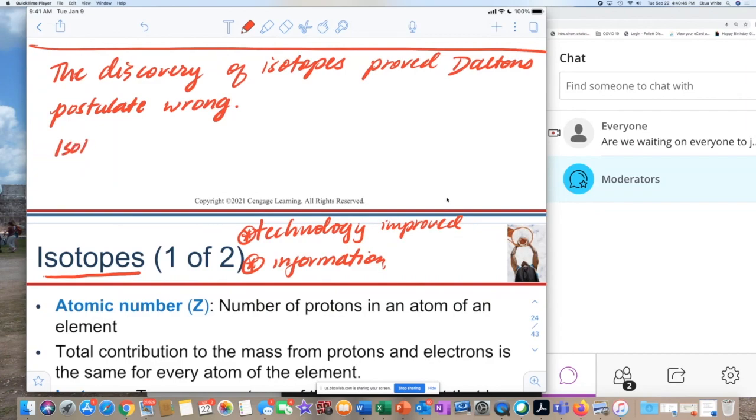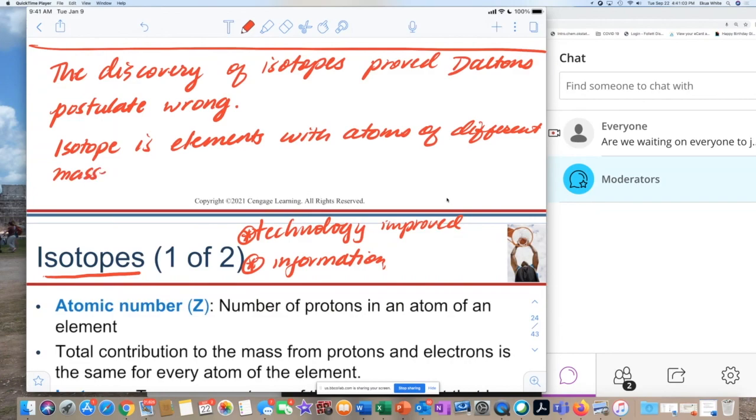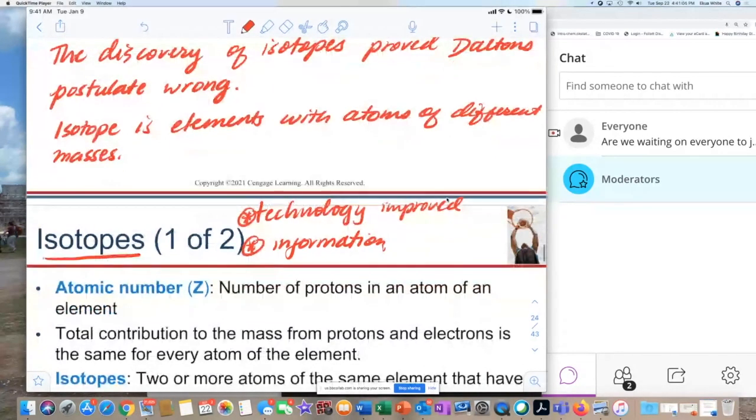An isotope is elements with atoms of different masses. Okay? It means you have the atoms of the same element, but one is heavier than the other.